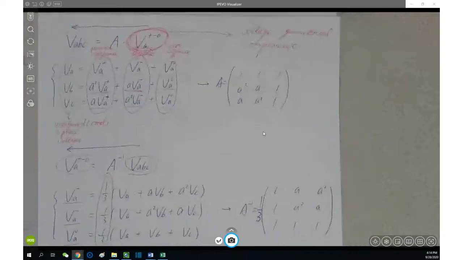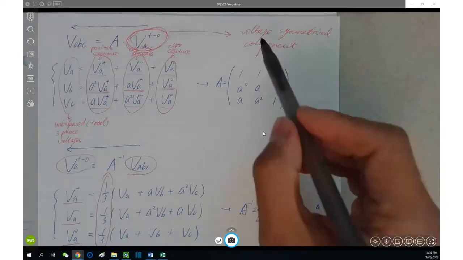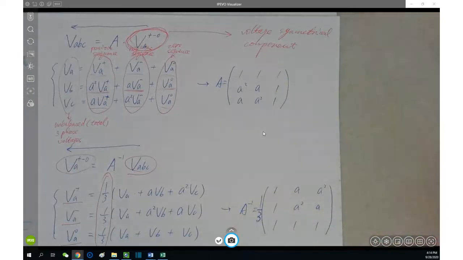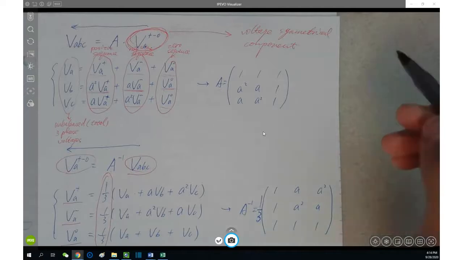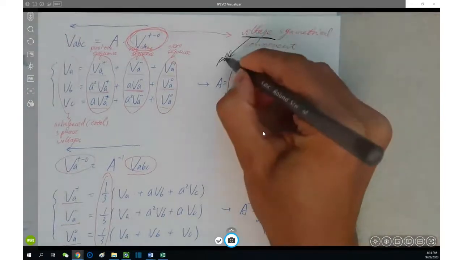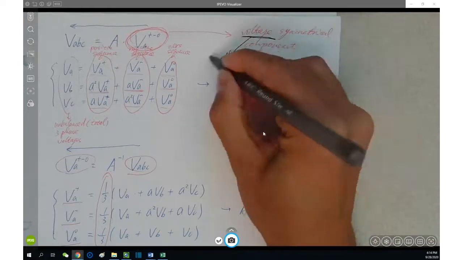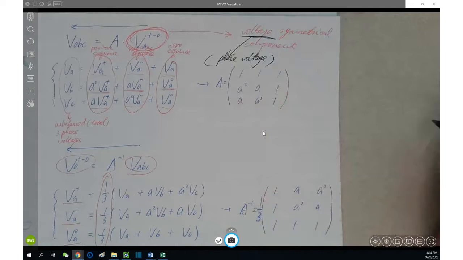Here, the voltage symmetrical component is and must be, because this is the definition. There's no alternative way, no second option, only one way. This voltage must be phase voltage. It cannot be line voltage.